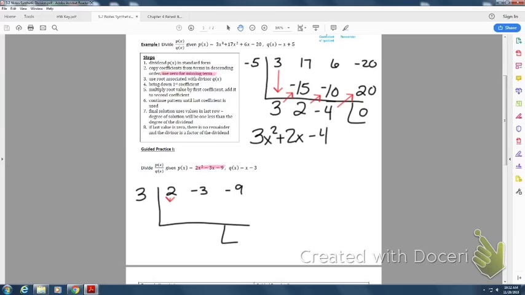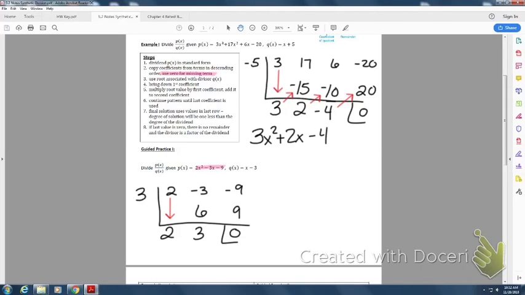Don't mess up the first step, just drop the 2 down. 3 times 2 is 6. -3 plus 6 is +3. 3 times 3 is 9. -9 plus 9 is 0.